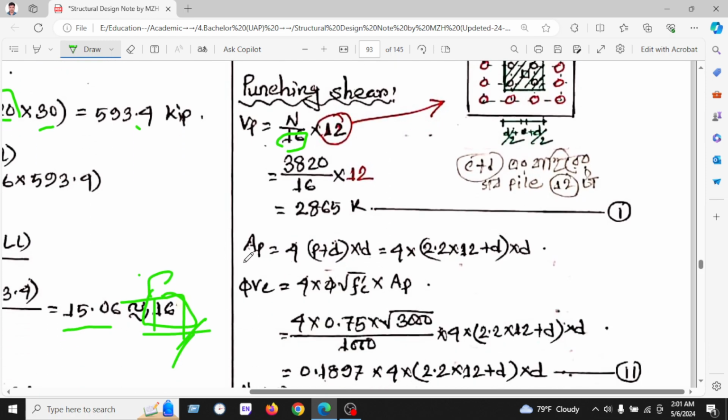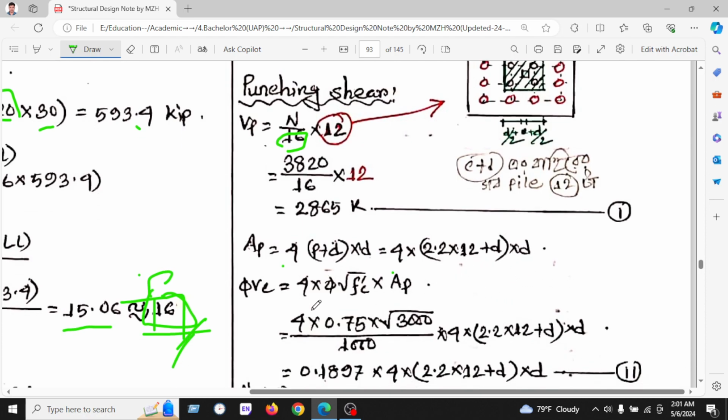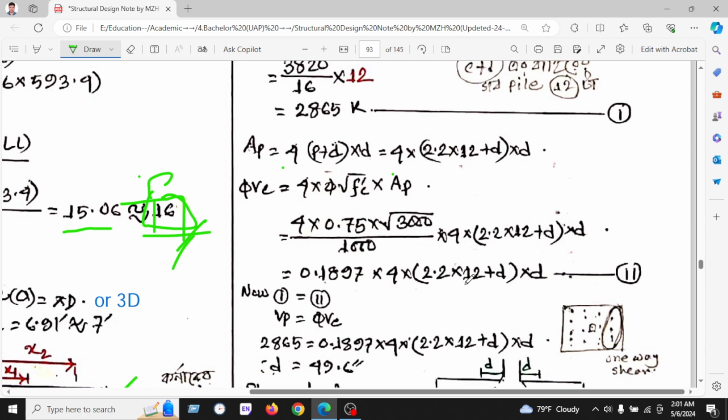Okay, the area of perimeter is 4 into (P plus D) into D. 4 into P, we know the pile diameter 2.2 multiplied by 12, converted to inches, and D plus D. We know the shear capacity is 4 into pi root over f prime c, 4 into pi 0.75 f prime c 3000 divided by 1000, and 4 into 2.2 into 12 into D into D, and we have found this equation.